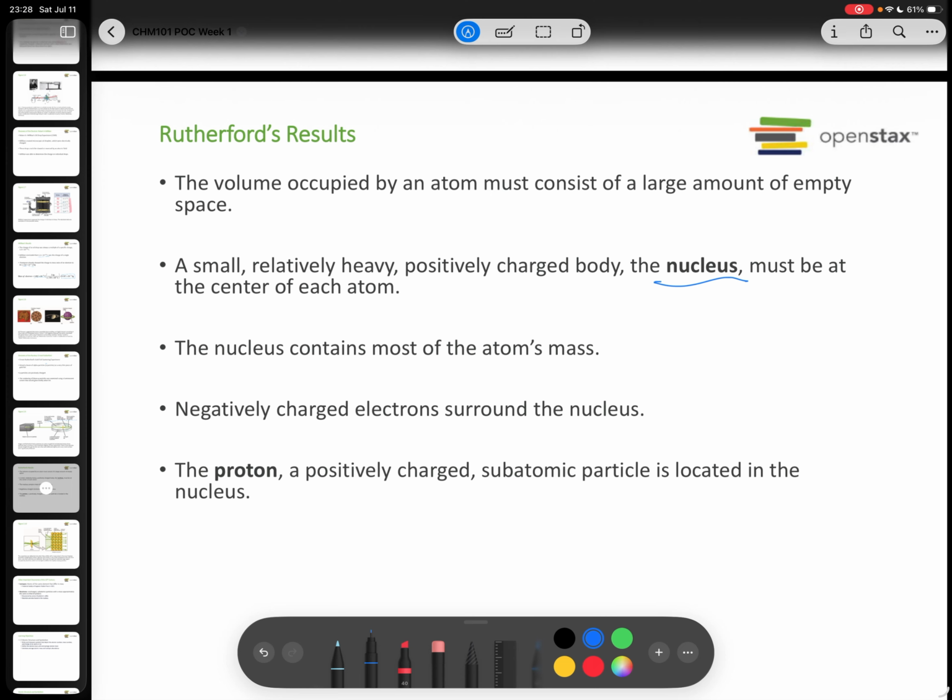Okay? Nucleus. So, the nucleus contains most of the atom's mass and the electrons are outside the nucleus. So, later, the positively charged subatomic particles in the nucleus was called the proton. Okay?